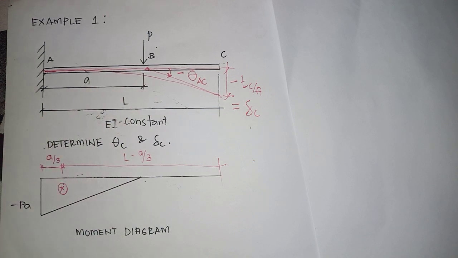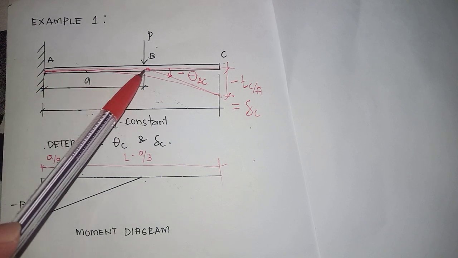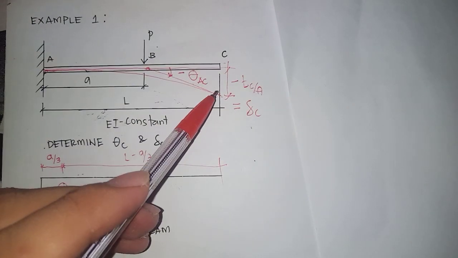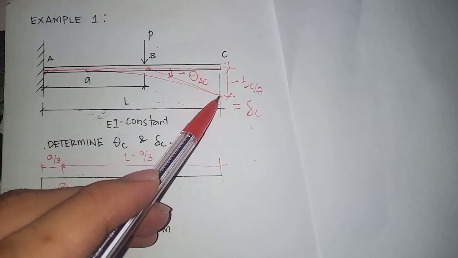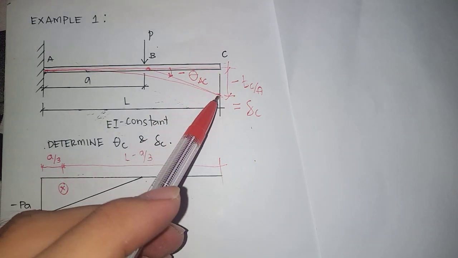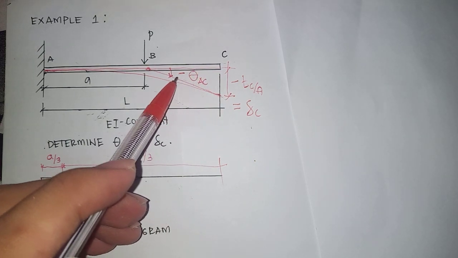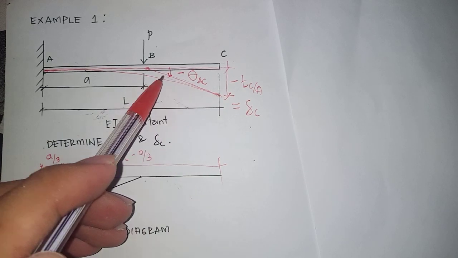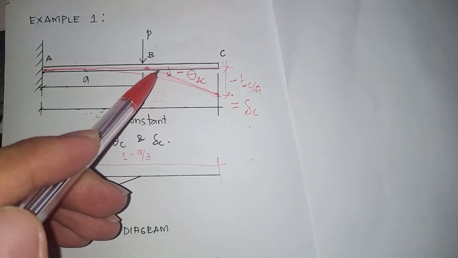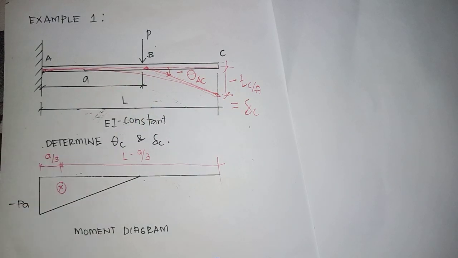Okay, so pagdating dito, as we all know, dahil nga fixed support ito, kung gagawa tayo ng tangent line dito, it will be a horizontal line. Okay, nakalabel na yan dyan. If you go through point C, itong deflected shape nyo dun sa elastic curve, at gagawa tayo ng tangent line, it will intersect the tangent line drawn from point A. So magtatama yan dito.